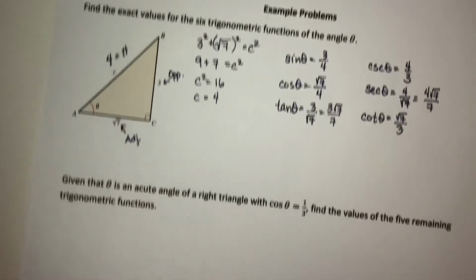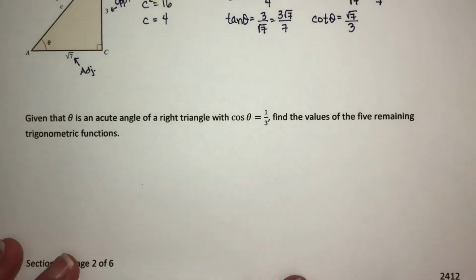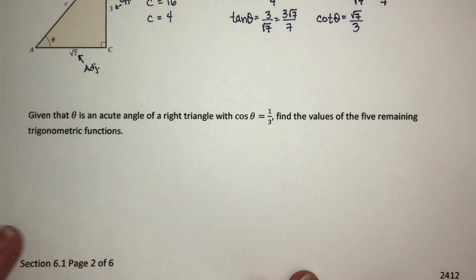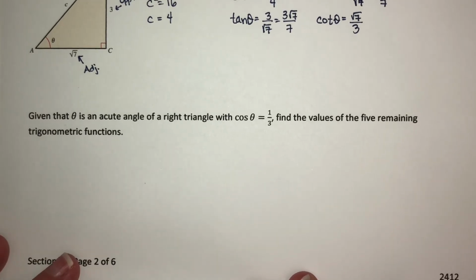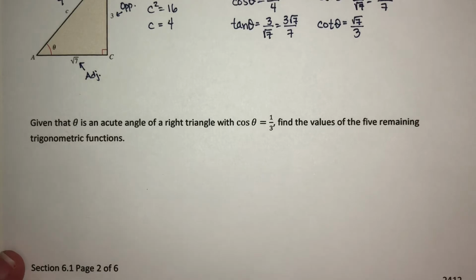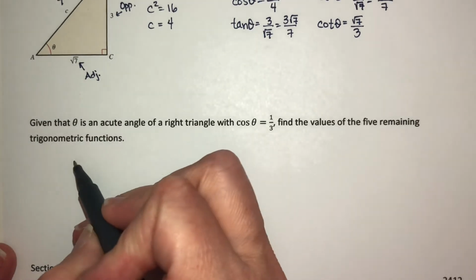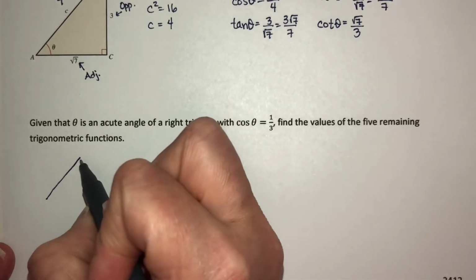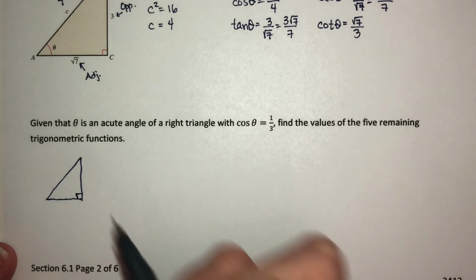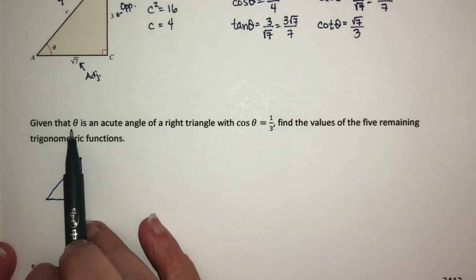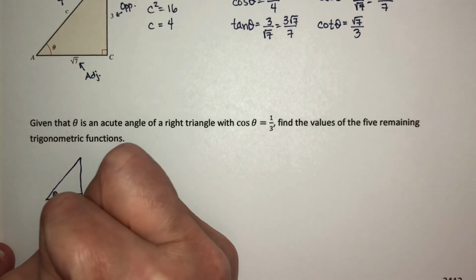Okay, so let's try this one. Given that theta is an acute angle of a right triangle, with cosine of theta being 1/3, find the values of the 5 remaining trig functions. So if you're not given a picture, draw a picture. Okay? We know we have a right triangle, and we know that theta is one of the acute angles.